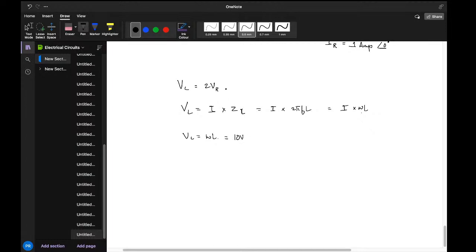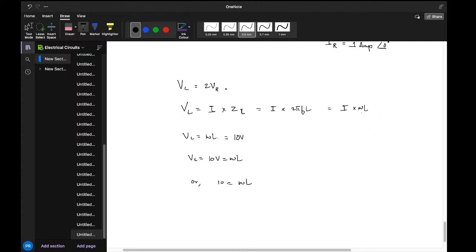Okay, so V of L equals 10 volt equals WL. So we have got a new equation, 10 equals W times L. Okay, we are interested in finding L over here.